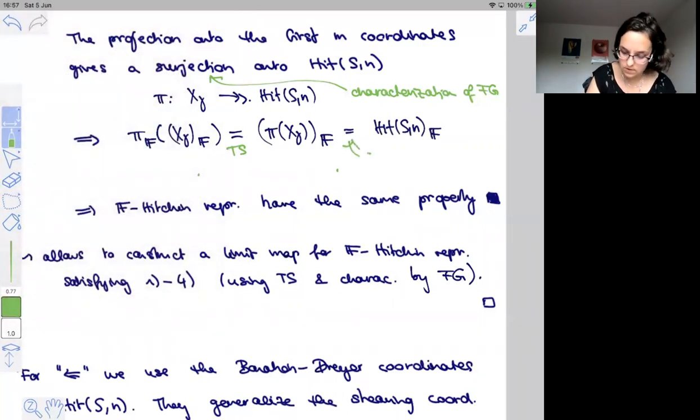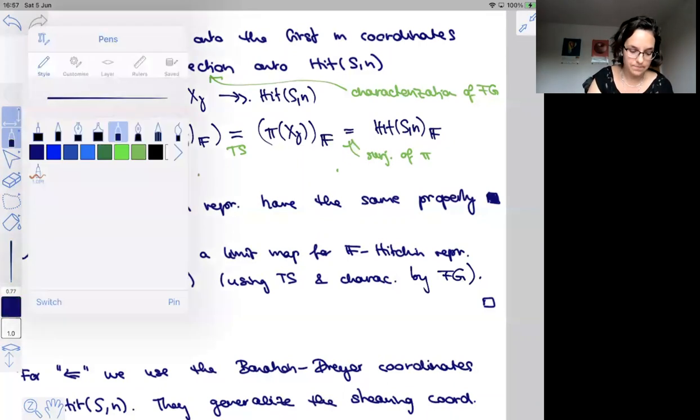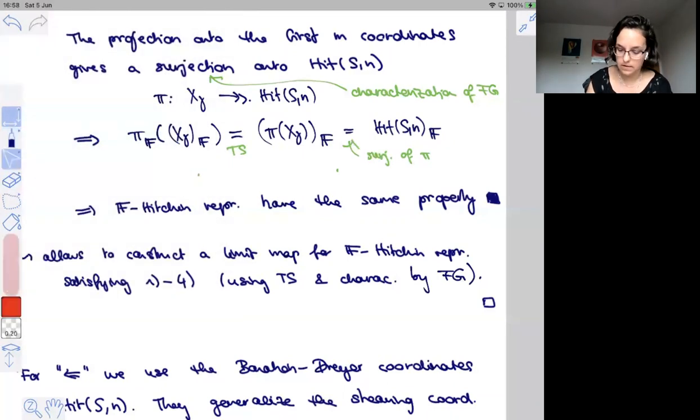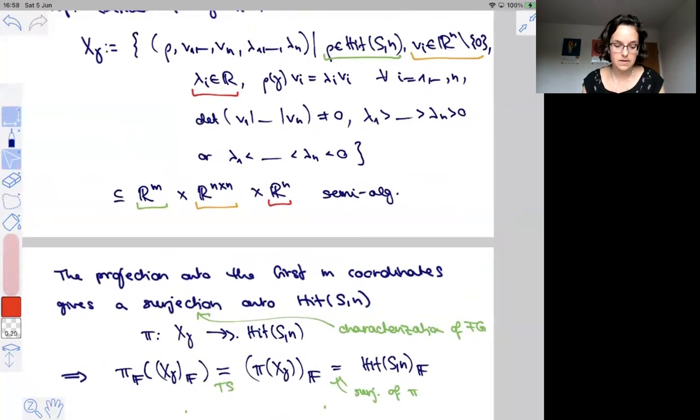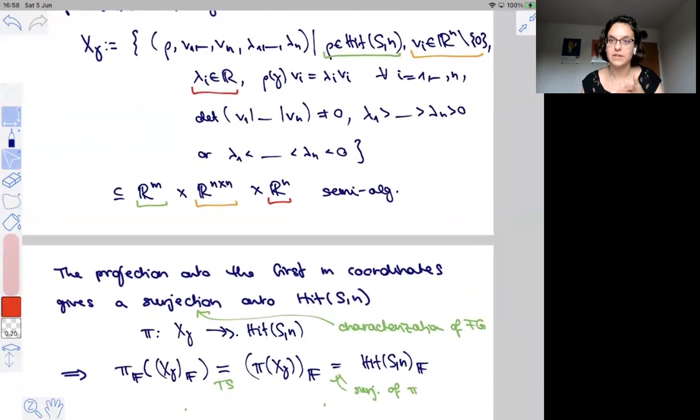So F-Hitchin representations have the same property: they are diagonalizable with distinct eigenvalues, because for every element in the F extension, we will find an element in this extended set X gamma, extended to F.